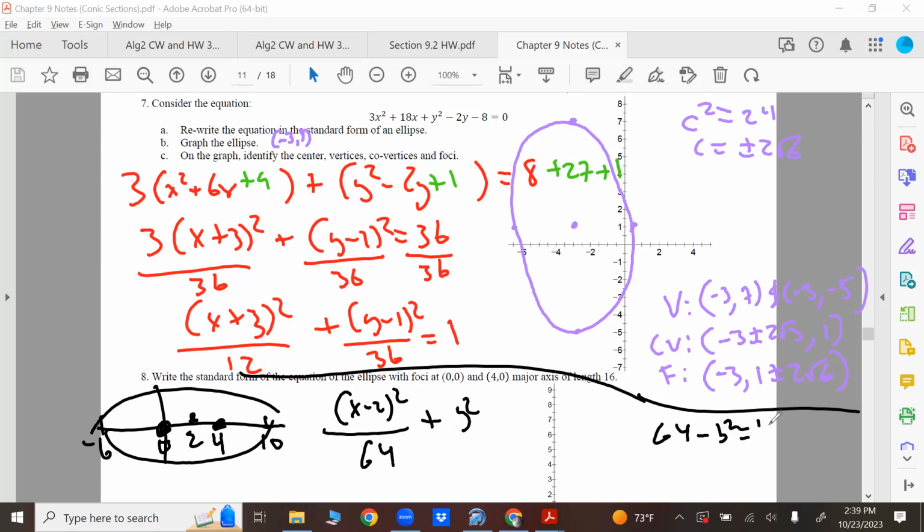Six is larger than 2. I'm not good at drawing ellipses, because 2 times 3 is 6, and 3 is less than... I think that's what I got for number 8. Let me know if you agree or disagree.